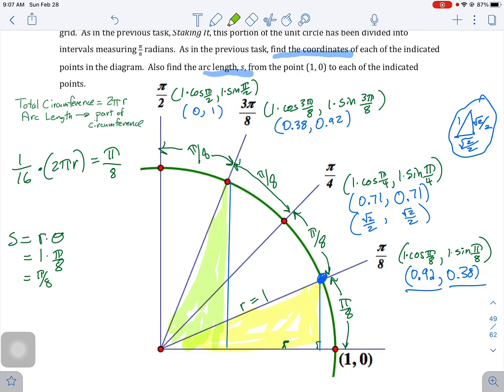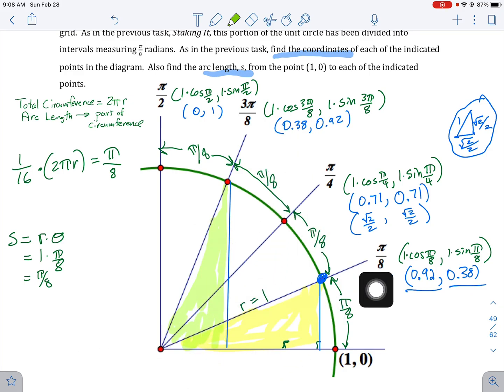So because these are the same triangle, what you notice, what swaps is the x value of this triangle, because this side right here becomes the y value of this triangle. Same thing here, the y value of this triangle that we calculated becomes the x value, because these are two sides of the same triangle.